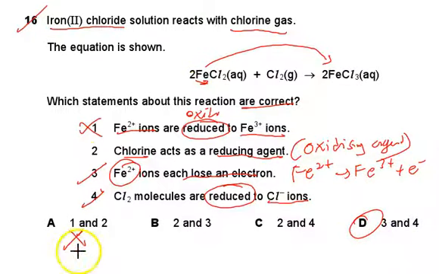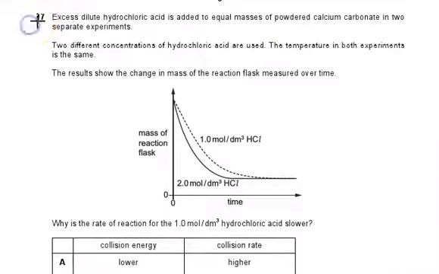Now let us move to question number 17. Okay, number 17. Excess dilute hydrochloric acid is added to equal mass of powdered calcium carbonate in 2 separate experiments. Okay, 2 different concentrations of acid are used. The temperature in both experiments is the same.